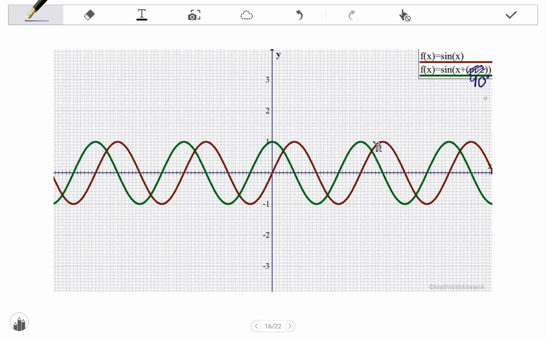Now remember that if we are adding a value to x, it represents a shift to the left. In this case we are shifting 90 degrees to the left, and we see that. So our value there is 90 degrees, 180 degrees. We see this shift to the left by 90 degrees.